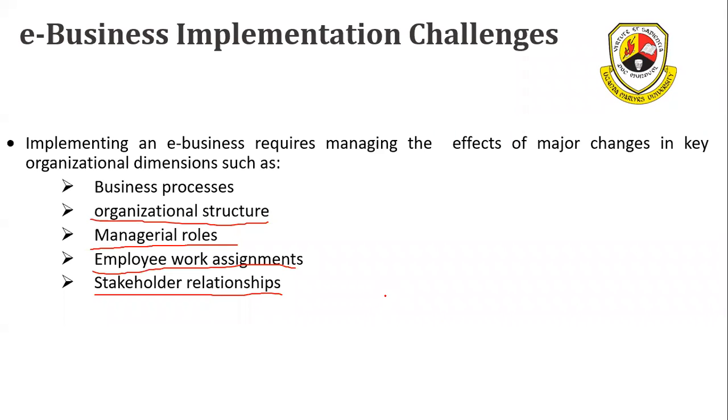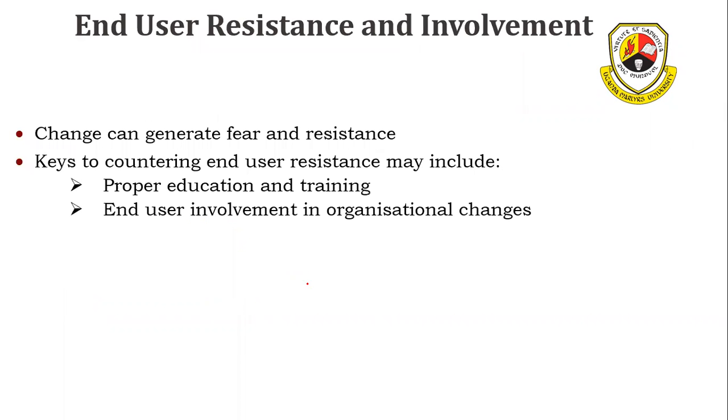So managing those relationships online can be a little bit tricky because we don't have that face-to-face communication or interaction. Now, one of the key points as you're implementing e-business strategies is to handle end user resistance, because essentially it is the end user who will be affected.